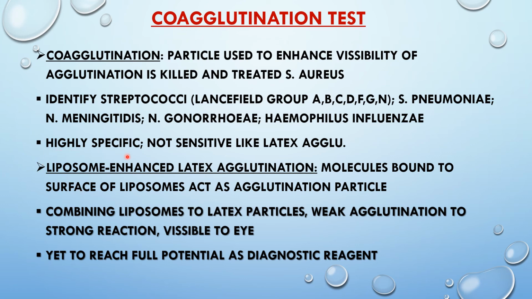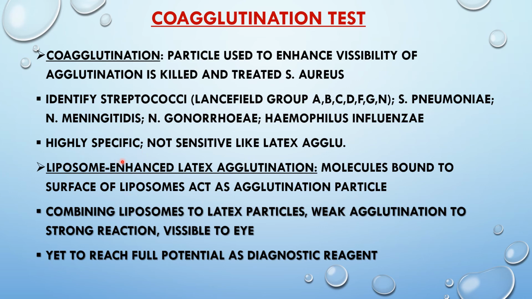This is a highly specific test, but it is not as sensitive as the latex agglutination test. The modification of co-agglutination is liposome enhanced latex agglutination, in which molecules are bound to the surface of liposomes, which act as agglutination particles.